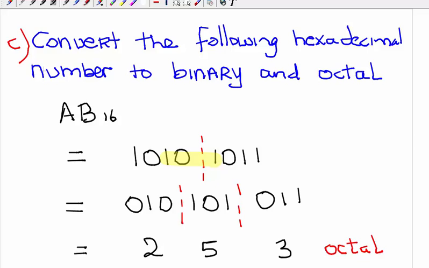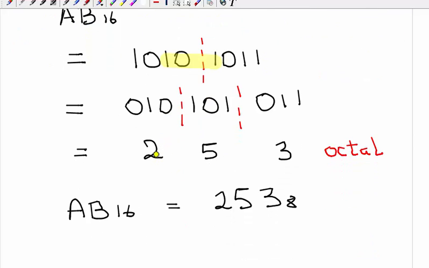Then get the octal equivalents: 010 is 2, 101 is 5, 011 is 3. So AB to the base 16 is equal to 253 to the base 8.